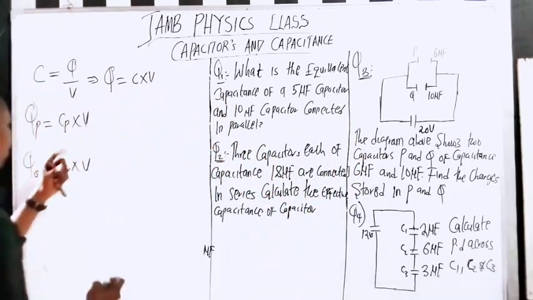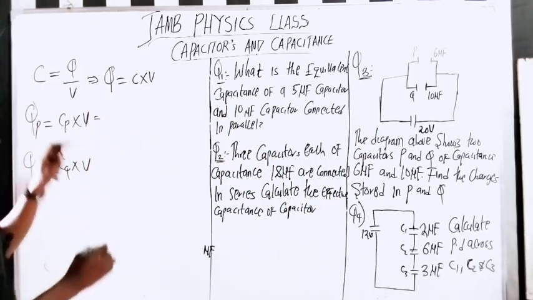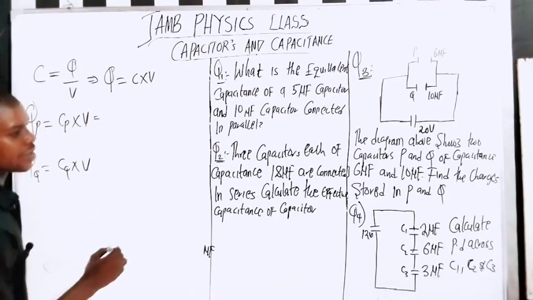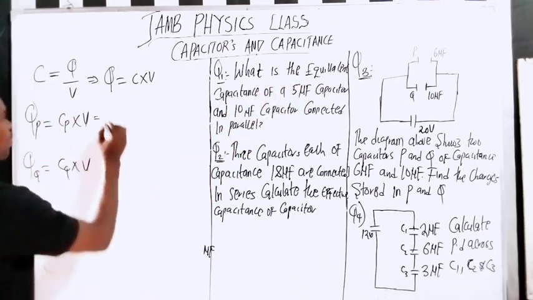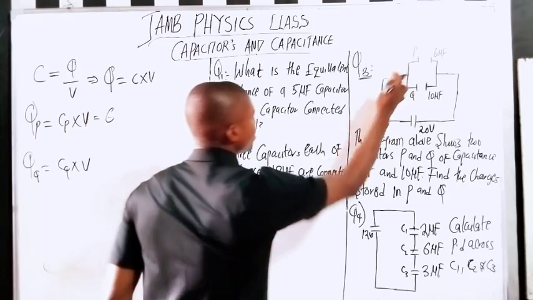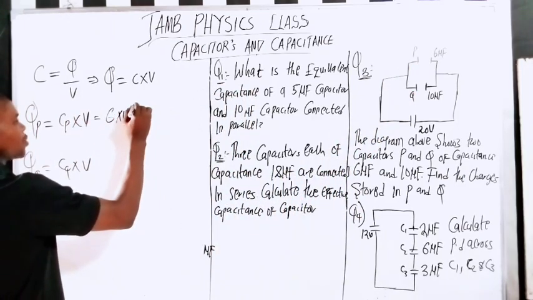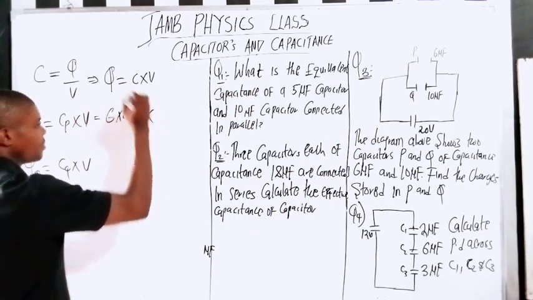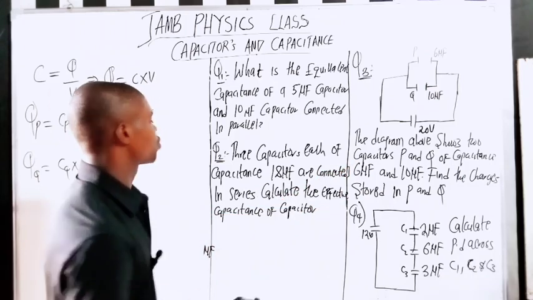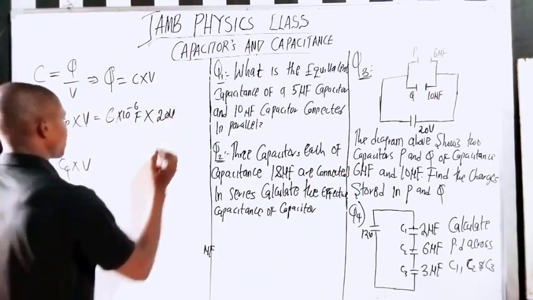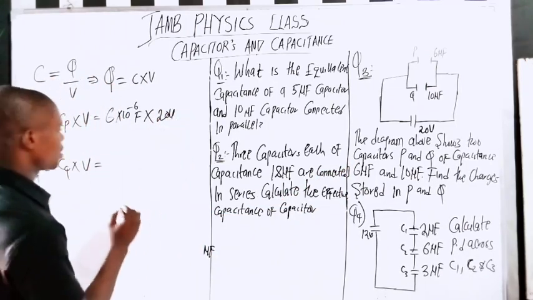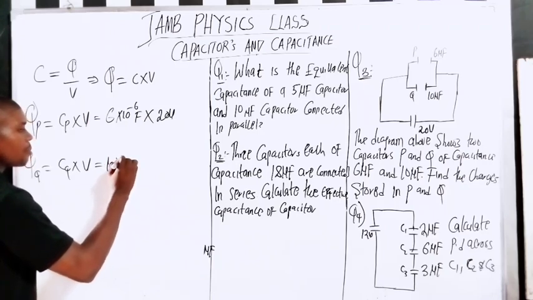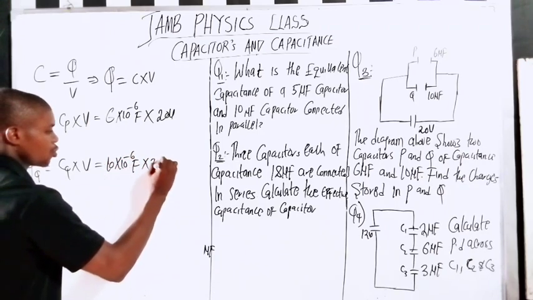So my CP is 12 times 10 to the minus 6 farad, times 20 volts, right? Same here, you're going to have 10 times 10 to the minus 6 farad times 20 volts.